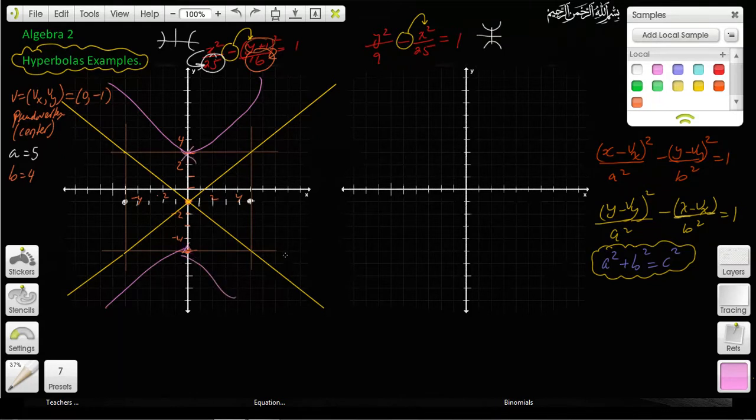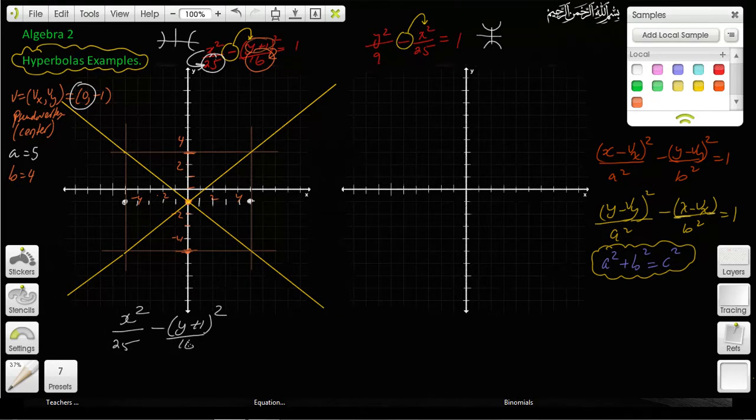So let's see what happens if you put this value, the Vx, in here. In this case, the Vx happens to be 0. So if you plug in 0 over here, let me rewrite this equation: x squared over 25 minus (y plus 1) squared over 16 equals 1.